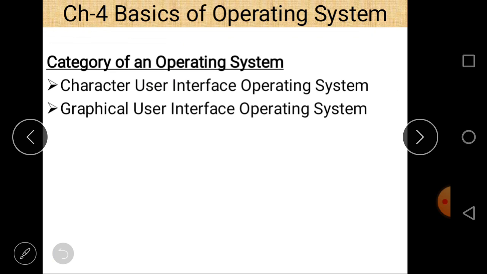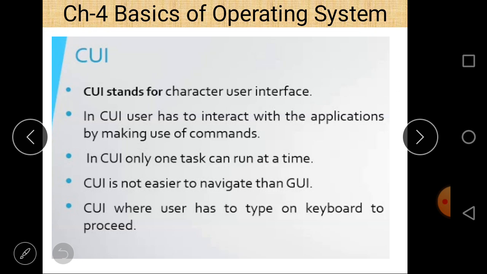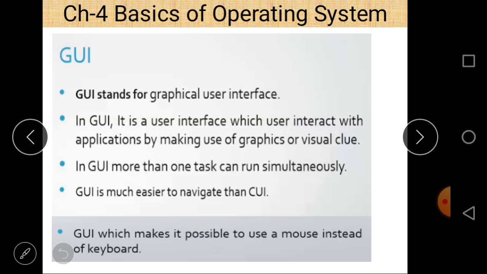CUI is the oldest category, and most modern computer systems use the graphical user interface. The difference is very clear. In CUI, commands are given in the form of characters using the keyboard, and in GUI, commands are given by mouse click, using a mouse.